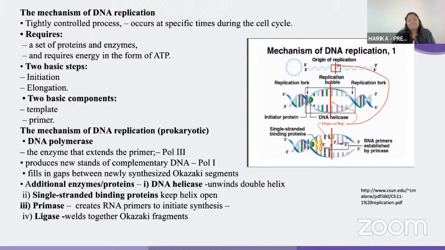First you need DNA polymerase, which also has DNA polymerase 1, 2, and 3, then DNA helicase, single strand binding proteins, primase, and ligase.